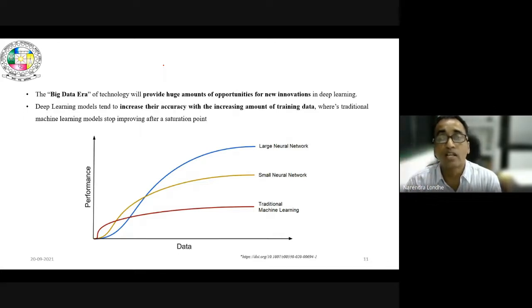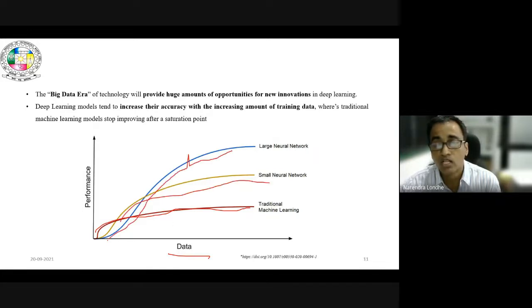We can create larger data sets, and with those larger data sets, the performance of our learning algorithms is increasing. Traditional machine learning algorithms had very poor performance, but with smaller neural networks it increased, and with deep learning now it has increased to such an extent.